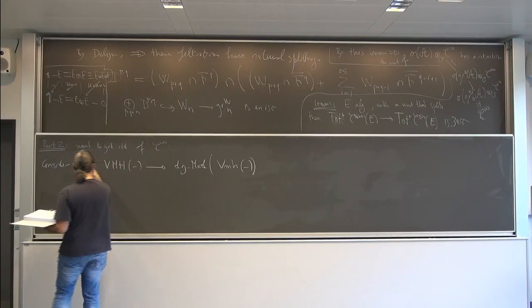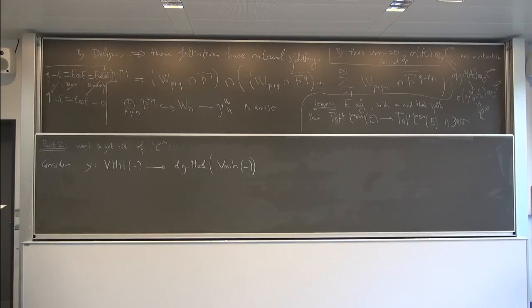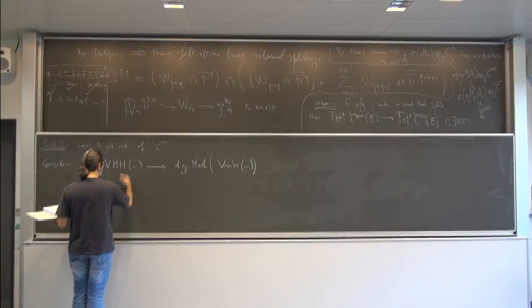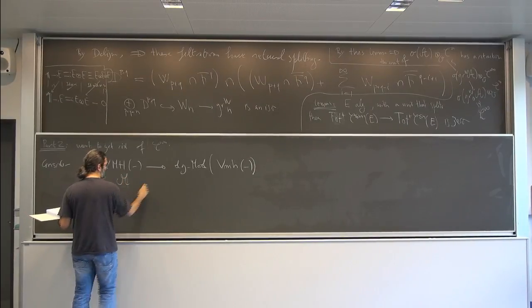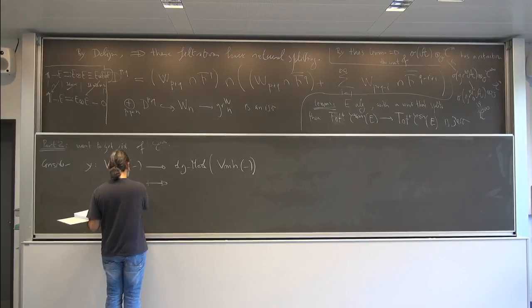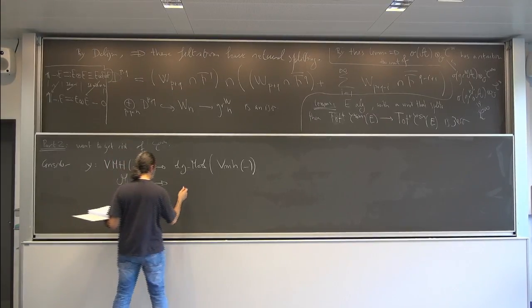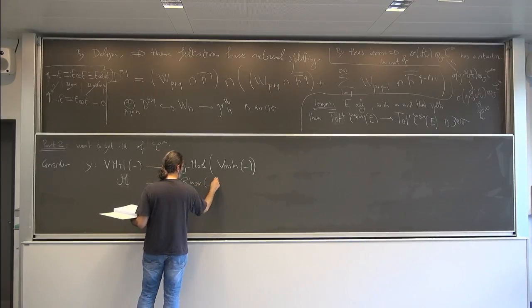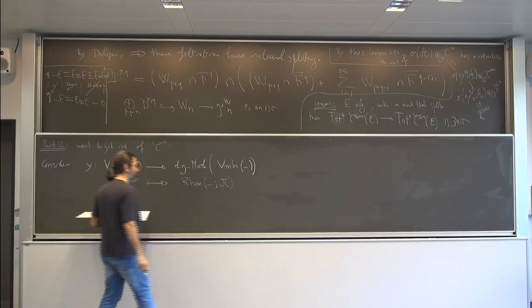Okay, and we have a Yoneda embedding, which does what you think. It takes a module M to the thing that is represented by M, namely RHom with this value.